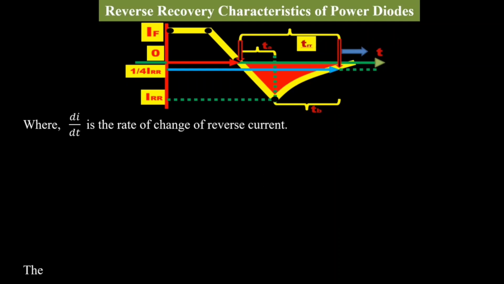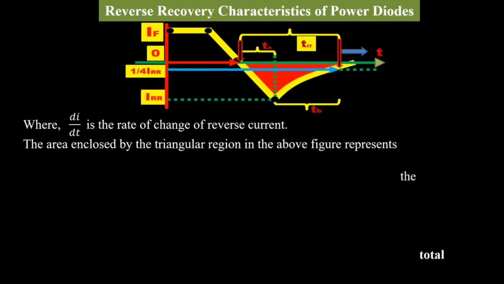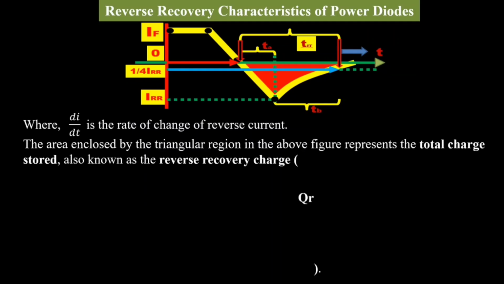The area enclosed by the triangular region in the above figure represents the total charge stored, also known as the reverse recovery charge, QR.